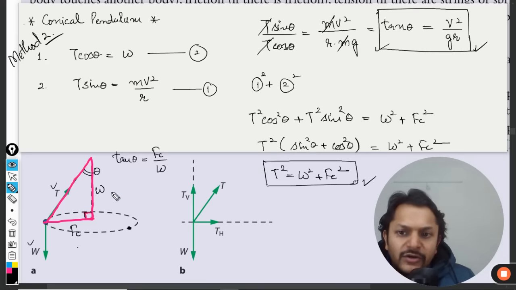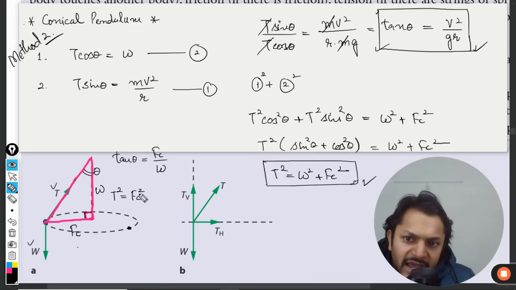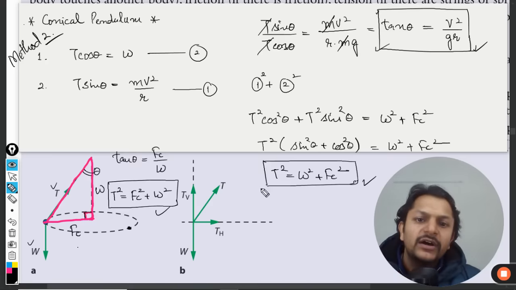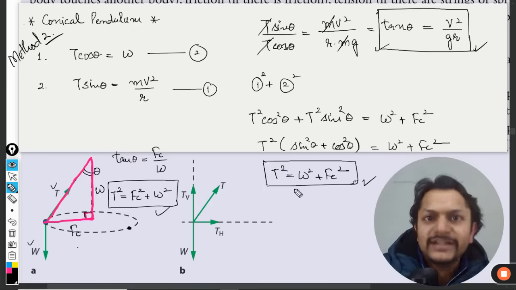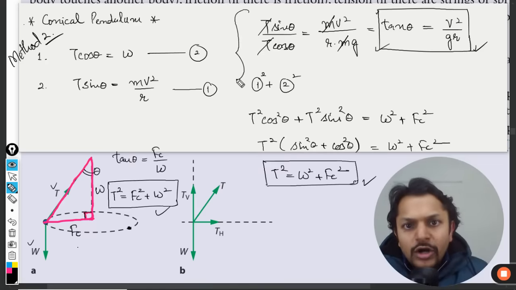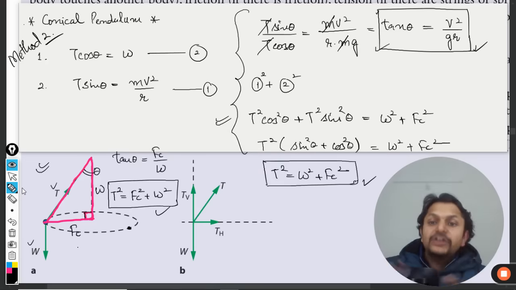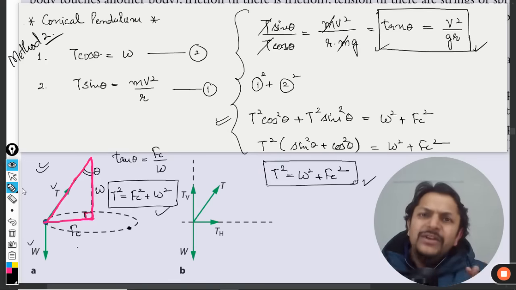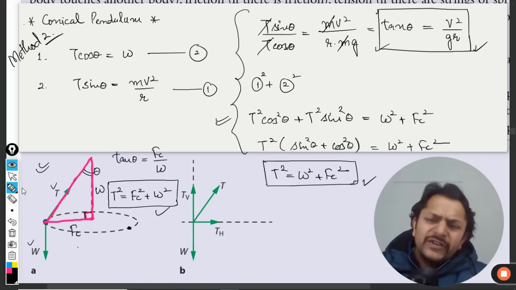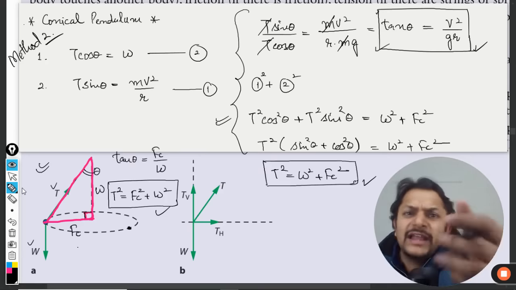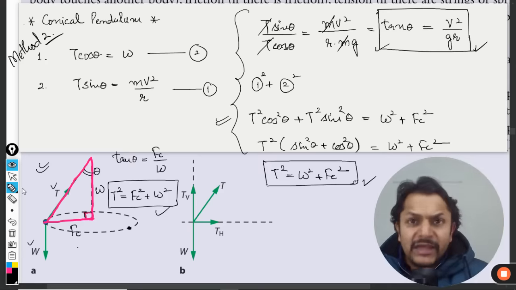You apply the Pythagorean theorem and it will become T square is equal to Fc square plus W square. So hypotenuse square is equal to base square plus height square, and this is clearly equal to this. If you do not want to go for this much mathematics, this becomes another alternative for you, which can be applied, but with the condition that it has to be a right angle triangle. Only then it will become easy.